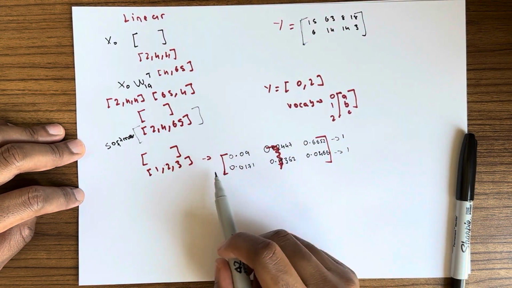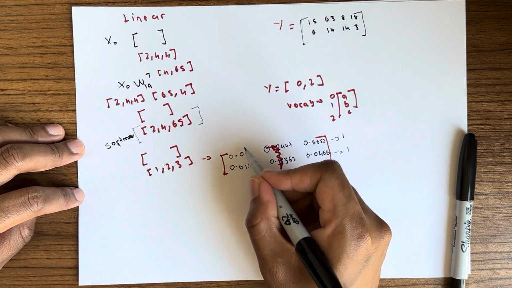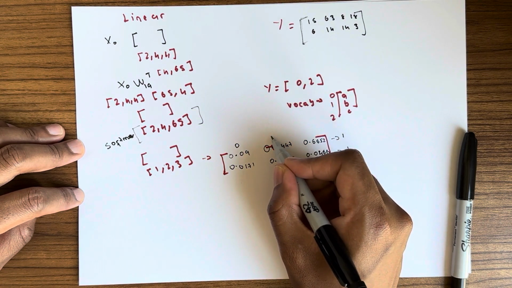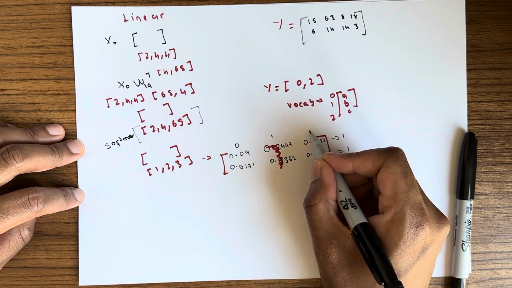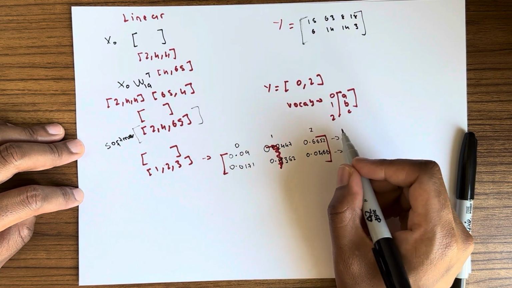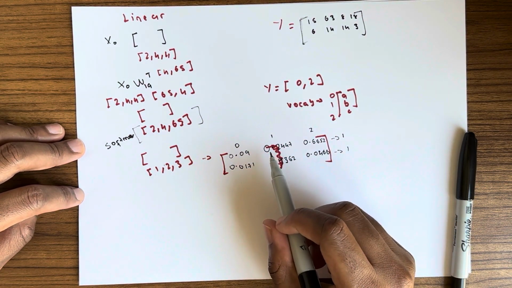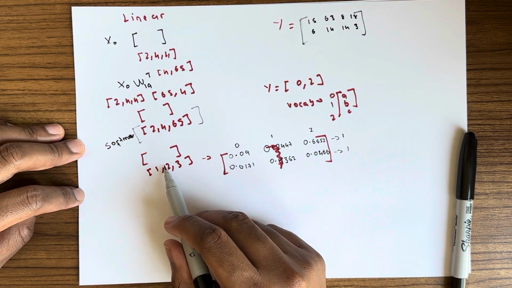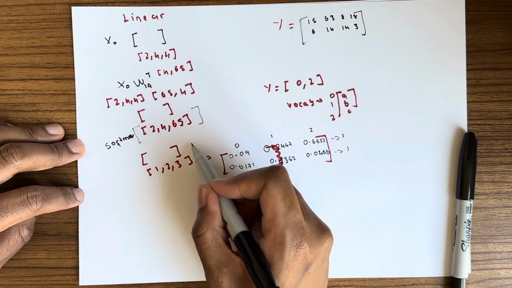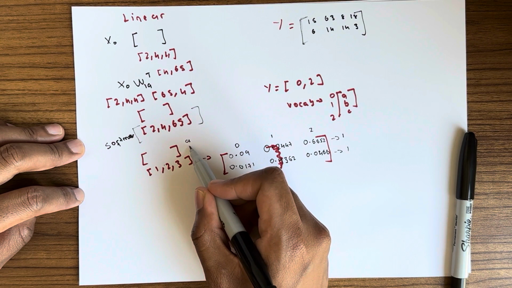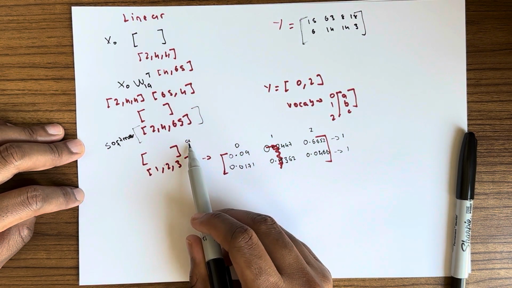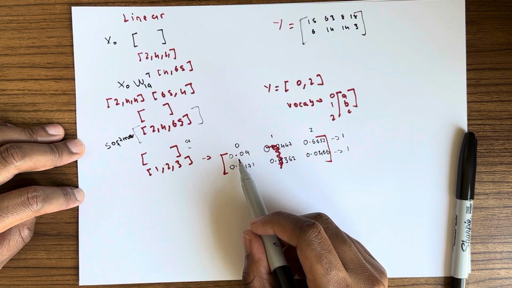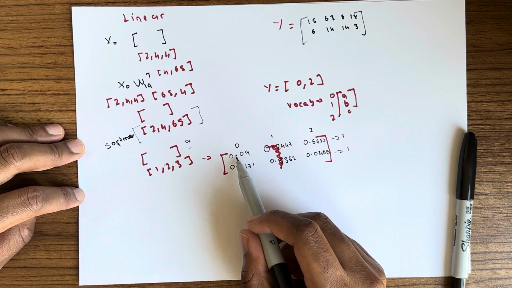The first column is for index 0 of our vocabulary. Second column is for index 1 of our vocabulary. The last column is for index 2 of our vocabulary. So what this is telling you is, we only have 2 characters. If the first character is A, and the second character is C, then given A, the probability that the next character is A is 0.09.